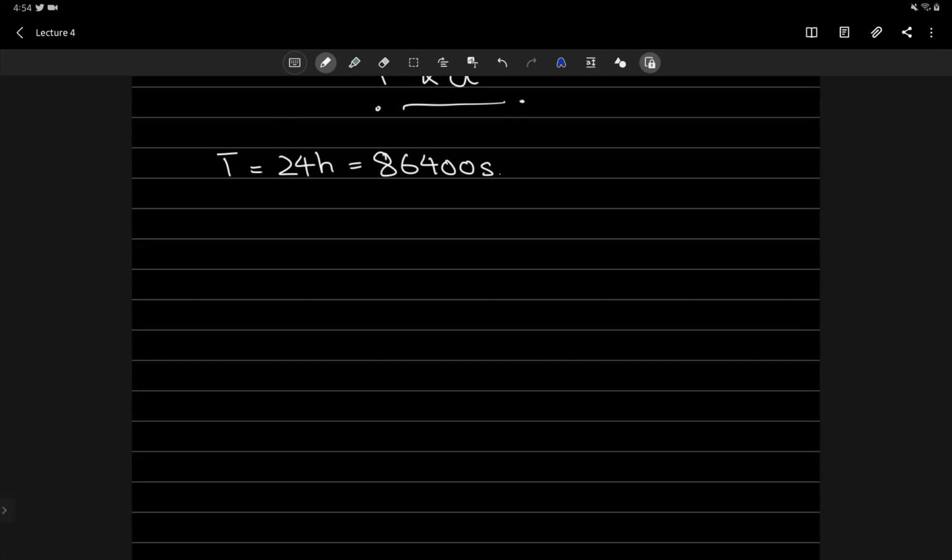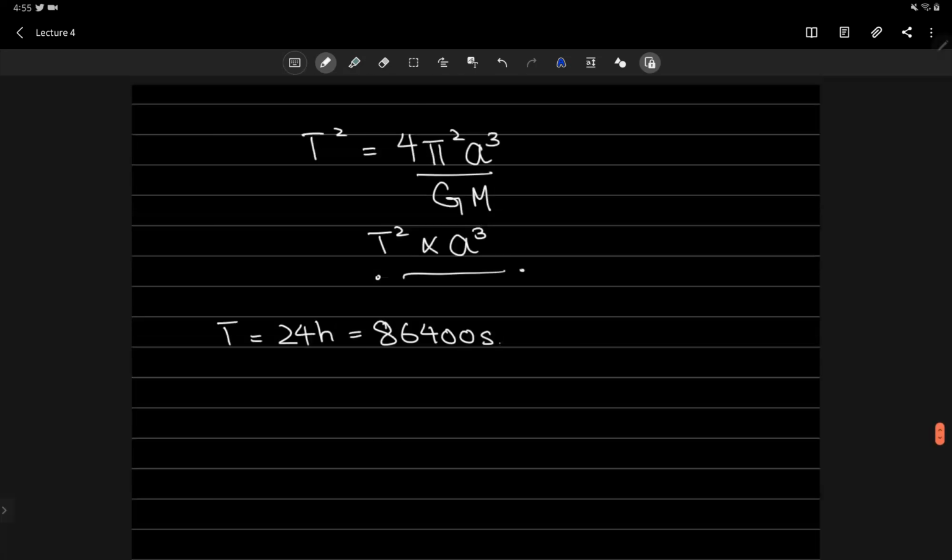Okay, so we can solve this problem very easily if we use Kepler's third law, and we can use that to calculate the radius of the orbit first of all, because that is something that we would need to get the height, right? The height that the satellite should be above the Earth. So, well, ये हमने ऊपर ही लिखा था. So we'll use this equation.